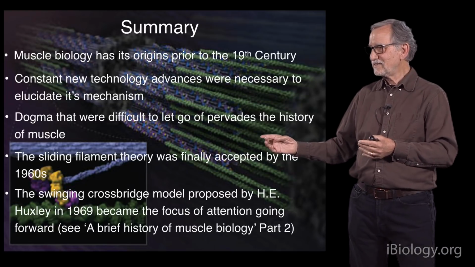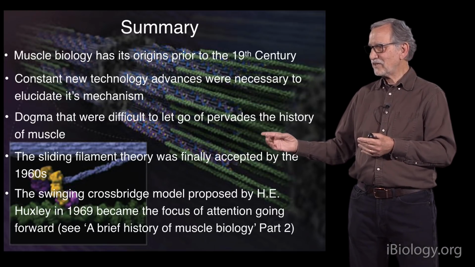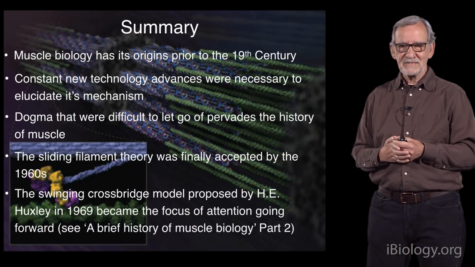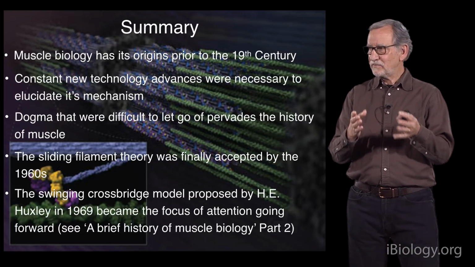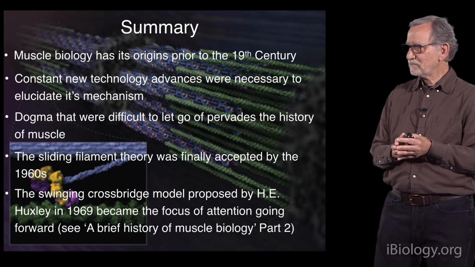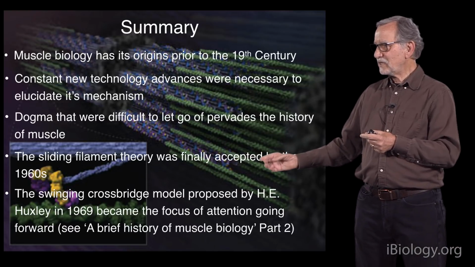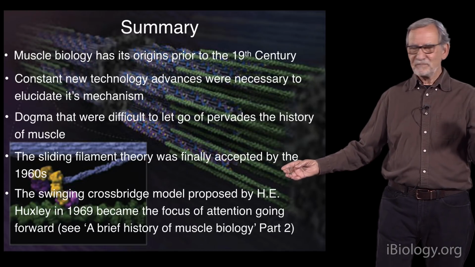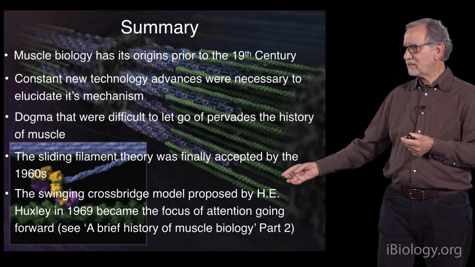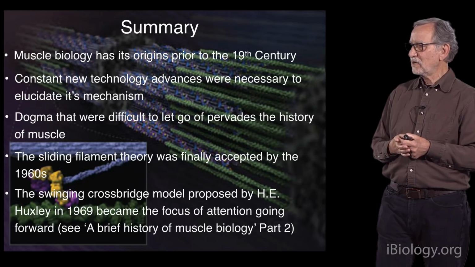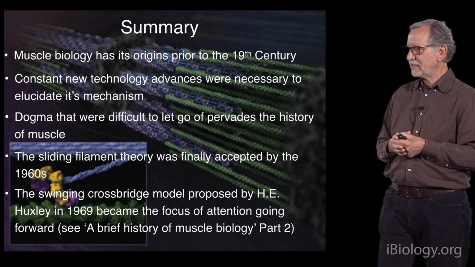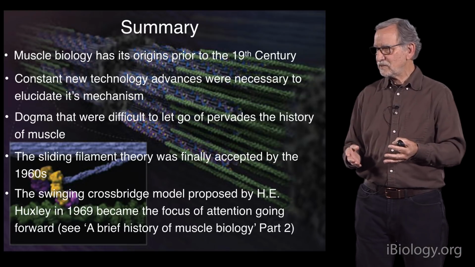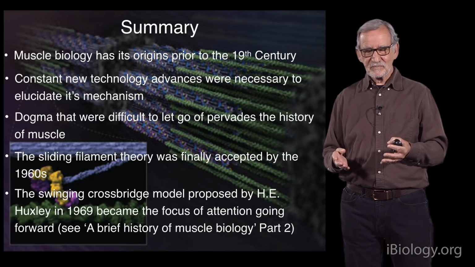The dogma here was so difficult to let go of, really pervades the history of muscle, and it's something you should think about and avoid in your own work. Sliding filament theory was finally accepted by the 1960s, but it took a long time. And then the swinging cross-bridge model that was proposed by H.E. Huxley in 1969 really became the focus of attention going forward.